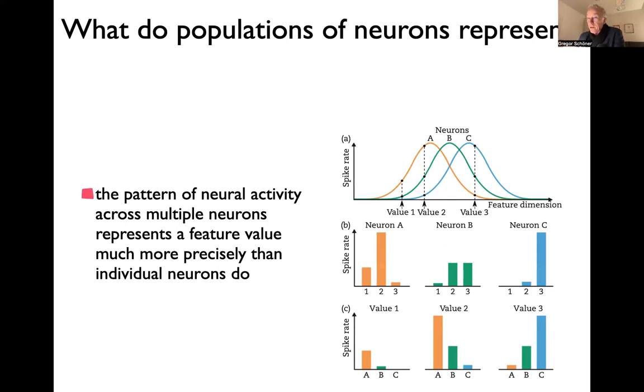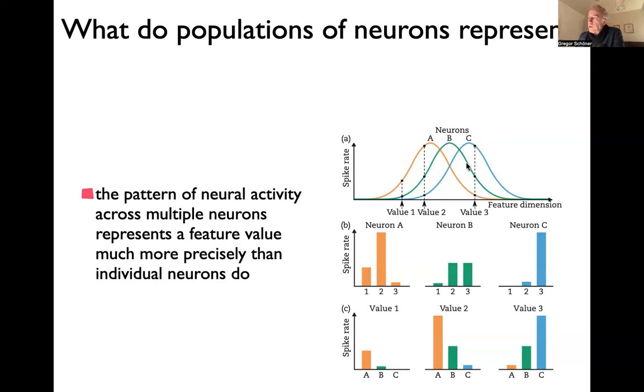So it's not just that you do some averaging, there is actually potentially a lot more information about the world outside. So I'm just illustrating this here, that let's say you have 3 neurons A, B, C, and these neurons have different tuning curves, then you might naively think, well, every neuron just sort of encodes its preferred value, like its peak value, and then I have a pretty crude sampling, so it can only roughly estimate here if it's closer to A or closer to this or closer to that value.